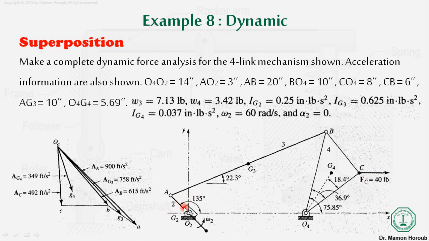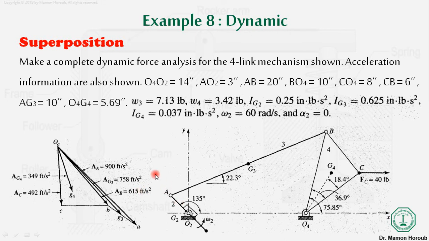This moment will be equal to a force times a moment arm. This force will be F32, the force exerted from link 3 on link 2. F32 multiplied by h will give us that moment. So we already know this force, that is F32.